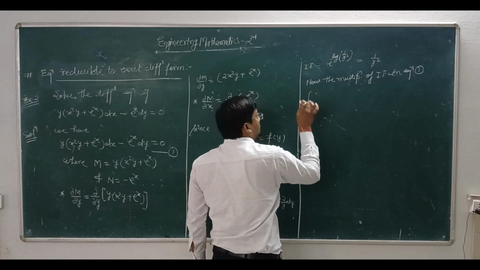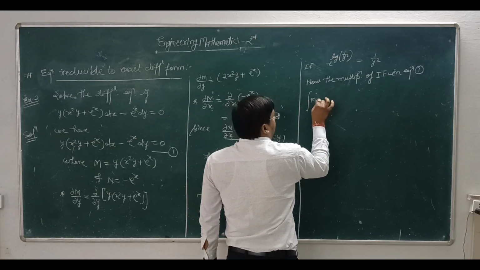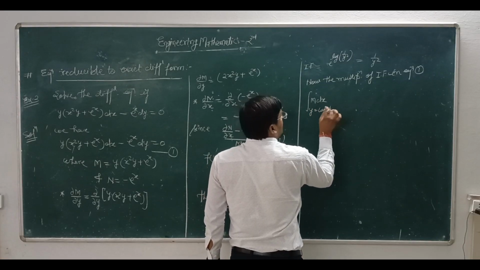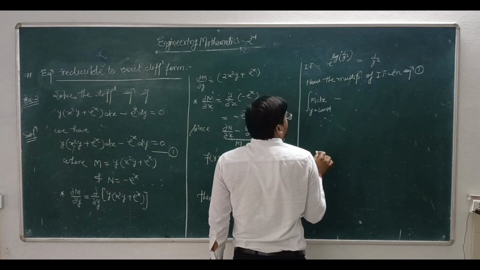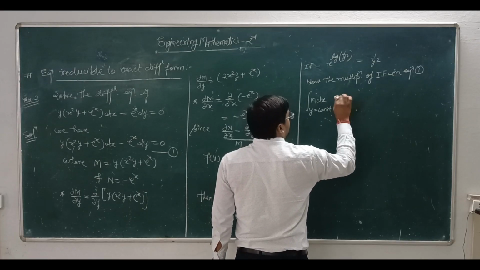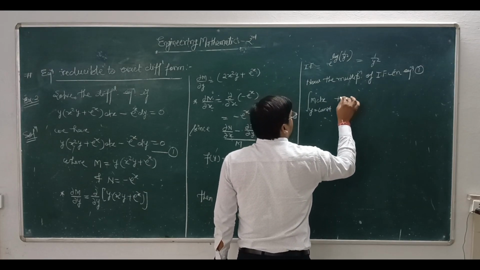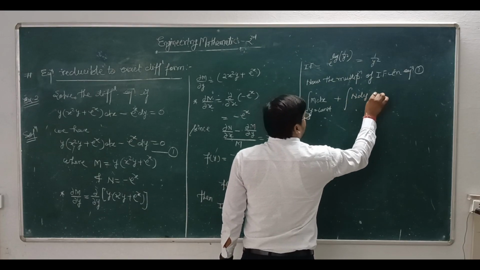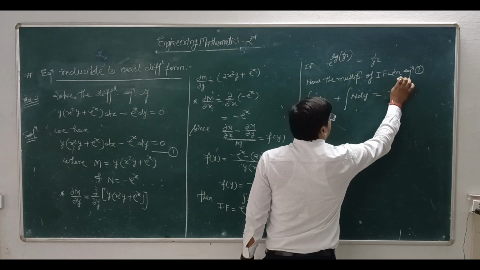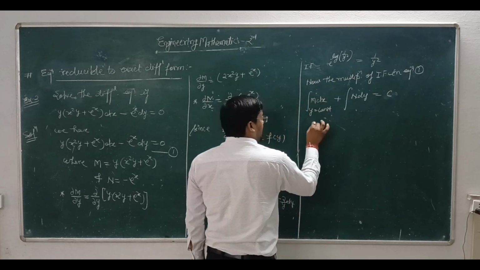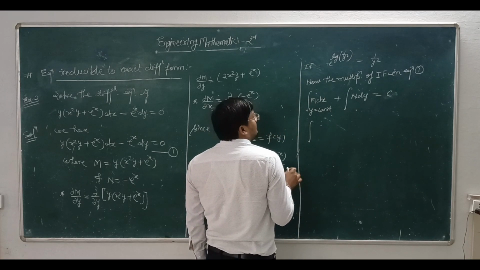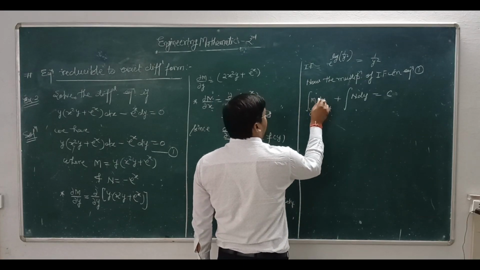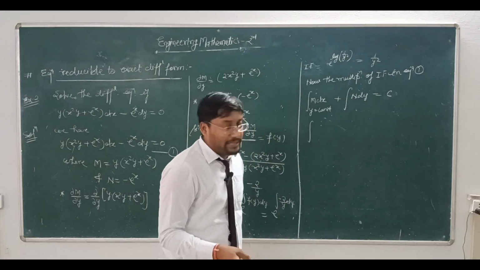Now integrate m dx where y is constant, plus integration of n dy, is equal to constant, which is c. Now putting the value of m with multiplication of IF.